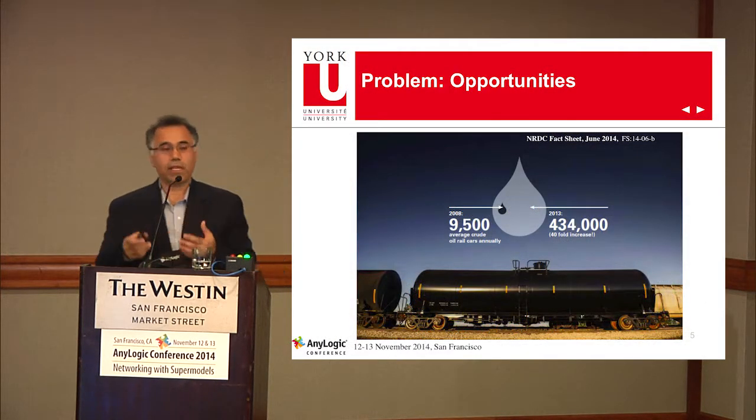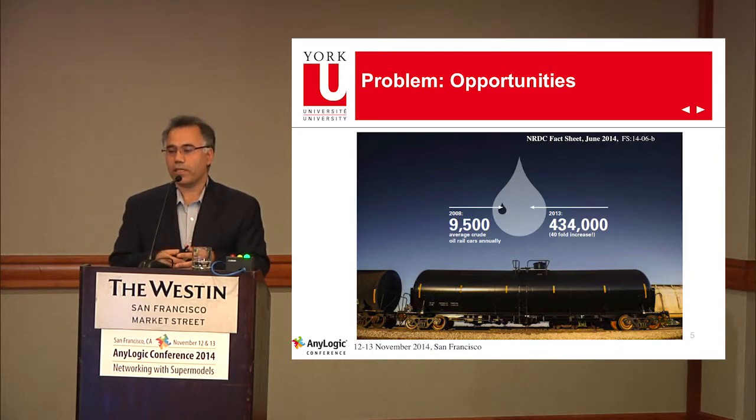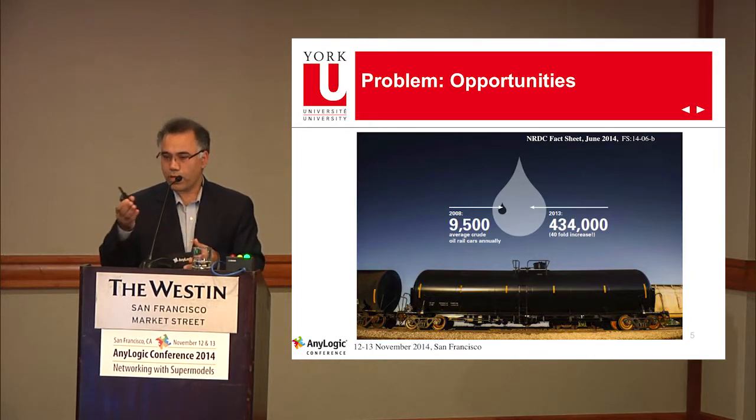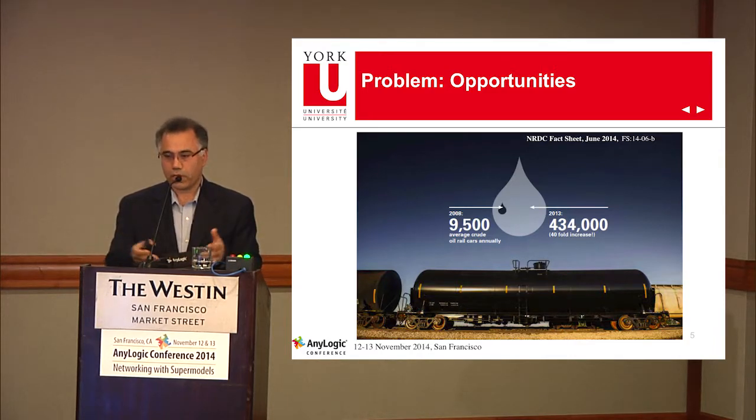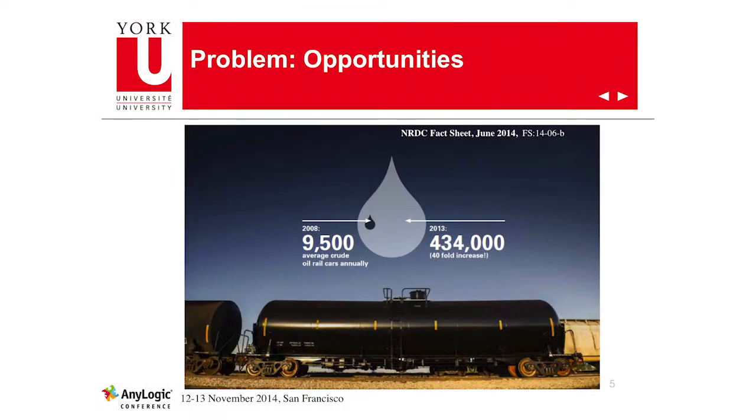And now, as I said, the reason behind this is in part because if you look at even recent statistics, in 2008, you were talking about 9,500. This is the average crude oil rail carry annually.